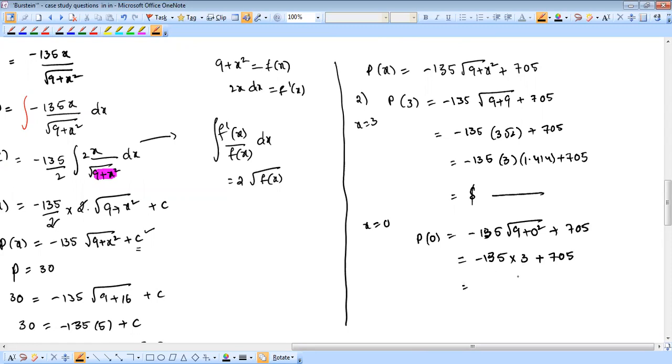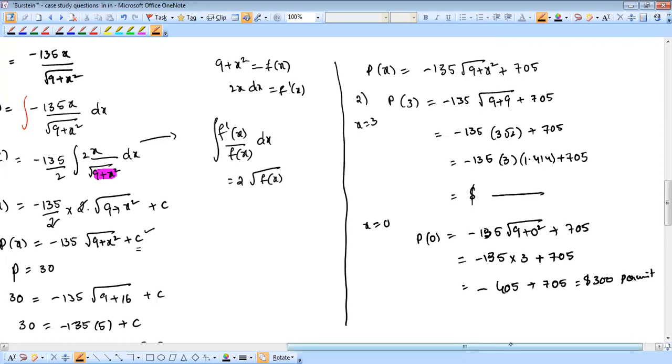So minus 405 plus 705, so $300 per unit. So this is question number 2.